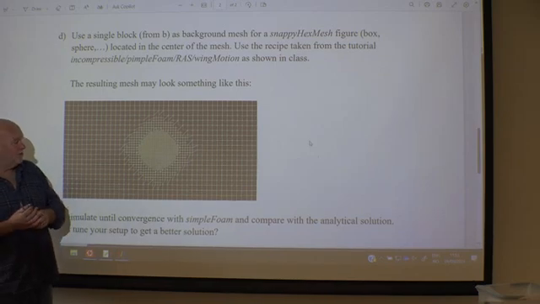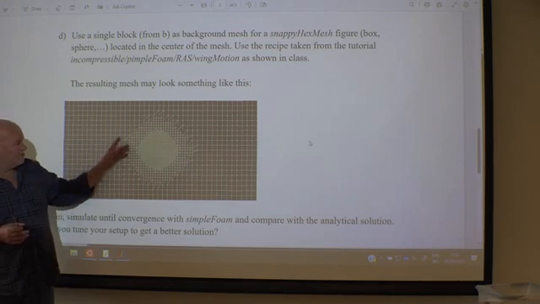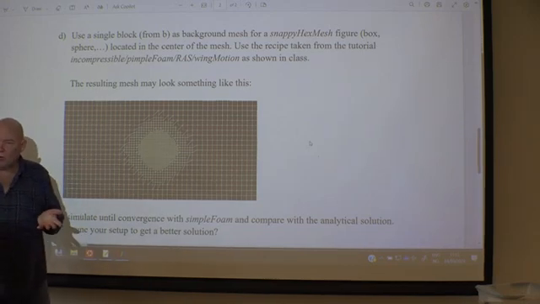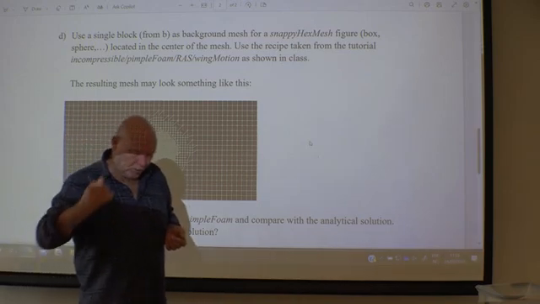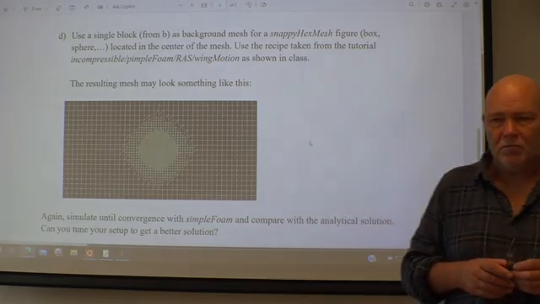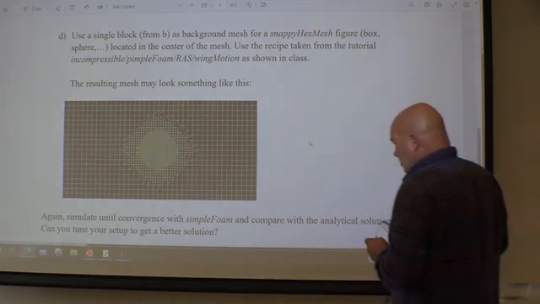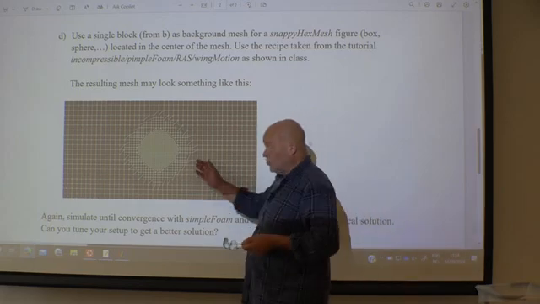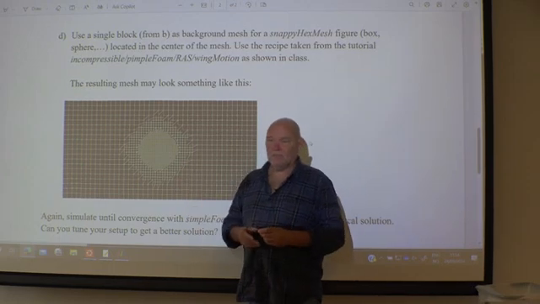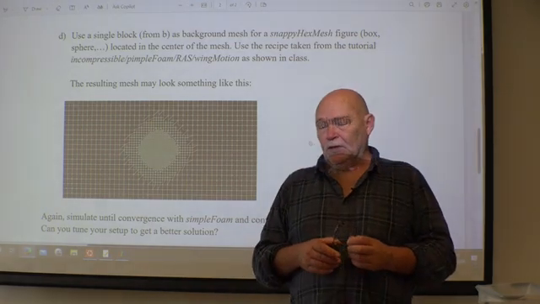The problem is, we know the solution, how it should look, and this strange distorted mesh should not destroy your solution. OpenFOAM should be able to handle it, but there you may have to play around with some additional steps in the OpenFOAM setup. Non-orthogonal correctors, do some extra iterations here and there, fix it. That's the job for exercise 4. Okay.